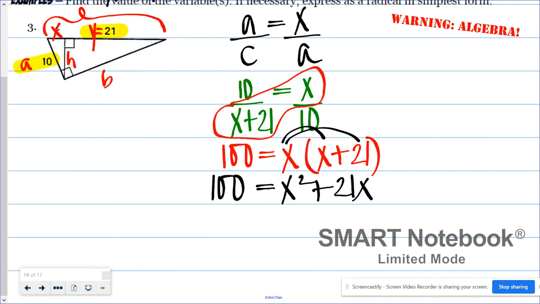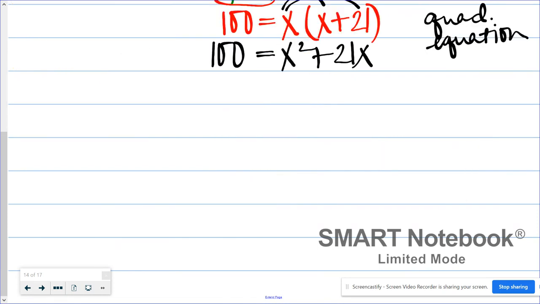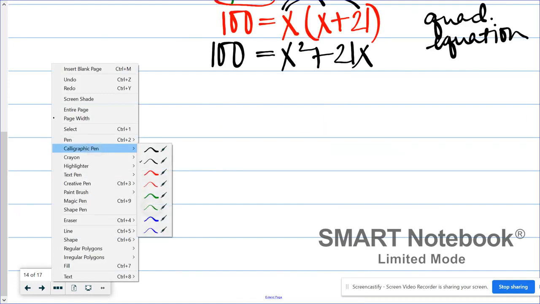100 equals X squared plus 21X. This is a quadratic equation, okay, and I can solve quadratic equations by factoring and using the zero product property. The first thing that I must do, though, before I can factor is I have to get this equation equal to 0.